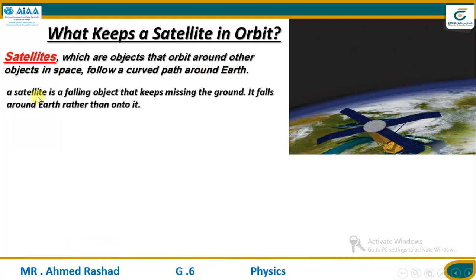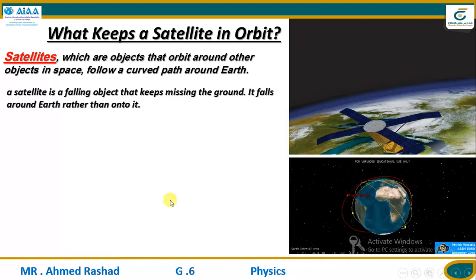The satellite keeps missing the ground while it falls around the Earth, so it moves around the Earth and doesn't fall down to the Earth's surface. That's due to the circular motion, and that's what we're talking about in the next point.